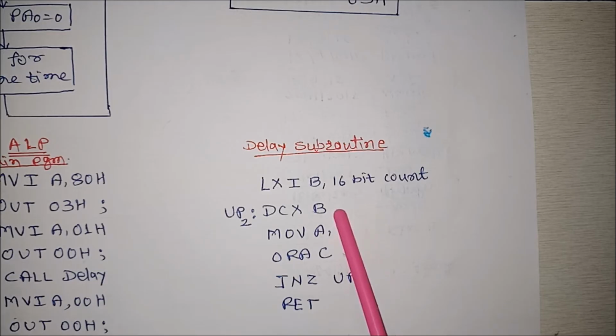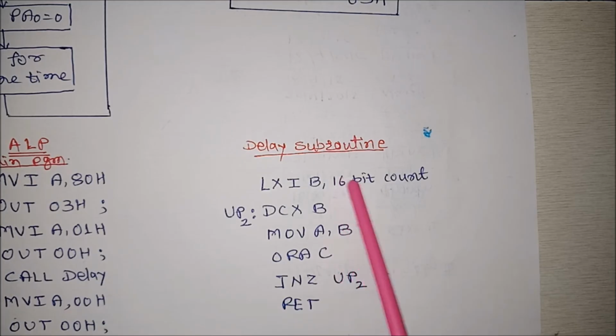So in order to check whether the BC pair becomes equal to 0 with successive iterations, the logic we use is: I take the contents of B in register A, then I logically OR the contents of C with A. What I'm doing is checking whether the count is equal to 0 or not.